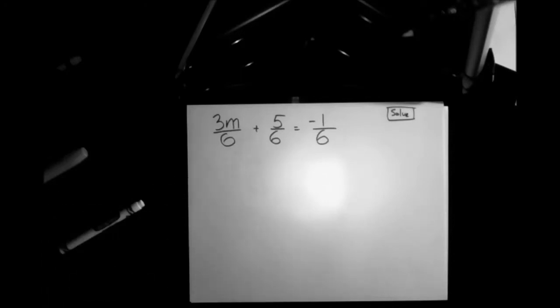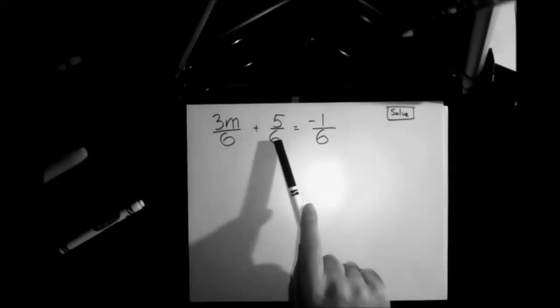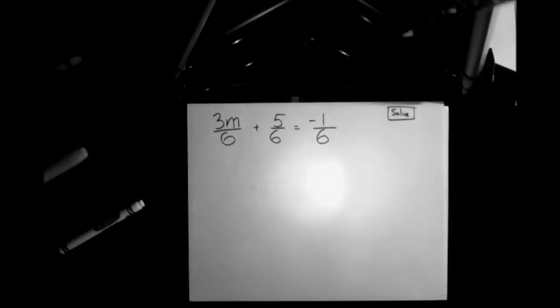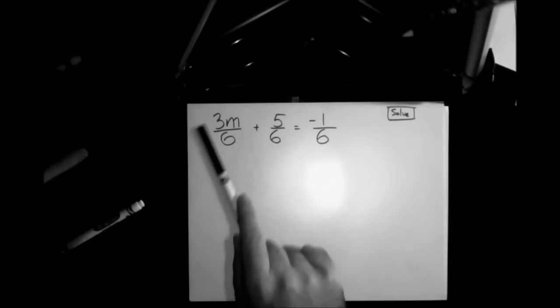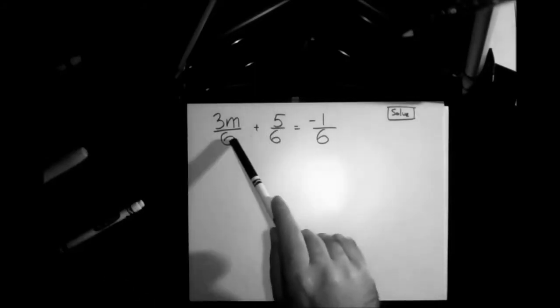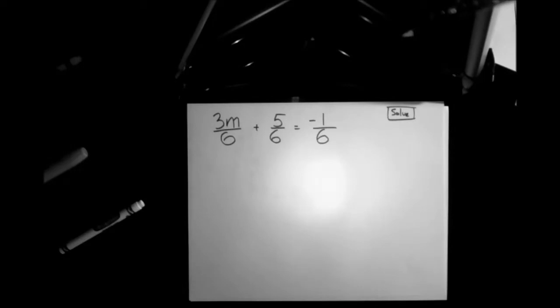And after you copy it down, look at it and tell me what are the 3 things that we need to get rid of in order to isolate m. One, plus 5 over 6. 2, divide by 6. 3, multiplied by 3.